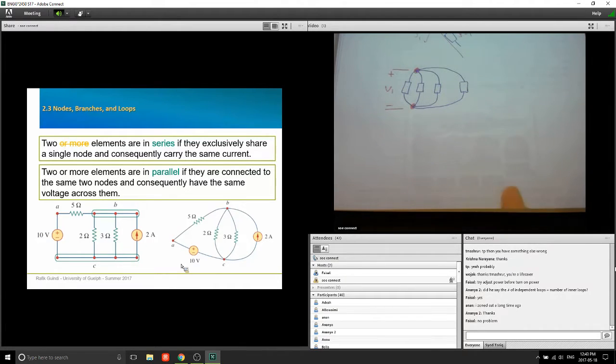Now, often we don't draw it like that. You're going to find a drawing that looks more like this. Same thing.